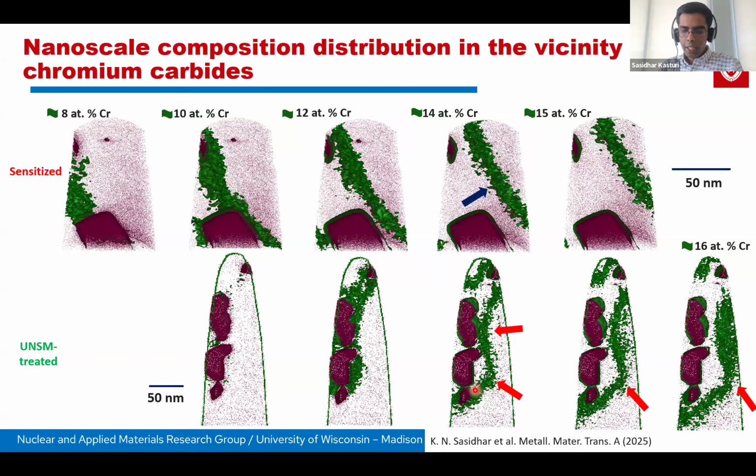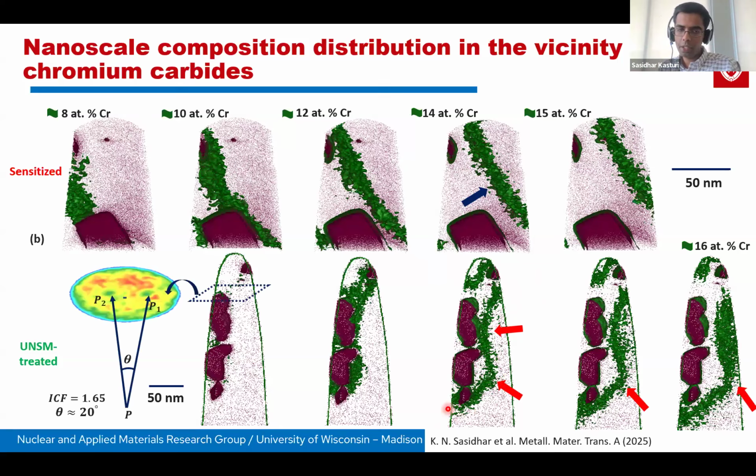Because the faceting is there, and we know from TEM evidence that there is deformation twinning, we wanted to see if this faceting is in any way connected to the twinning that's occurring. Fortunately, in this data set, we had some crystallographic information, which you can see from ion density maps in atom probe data.